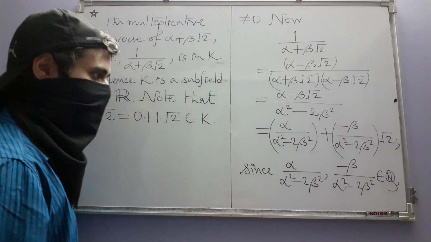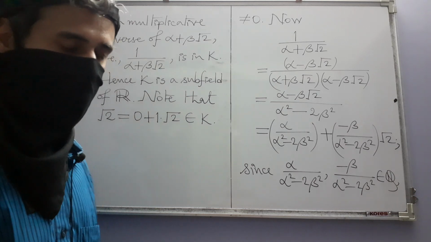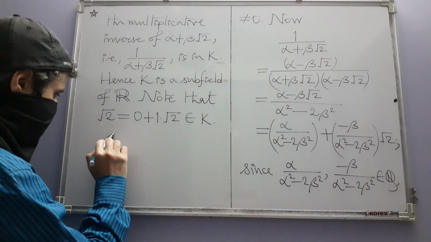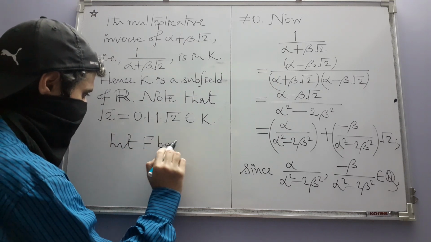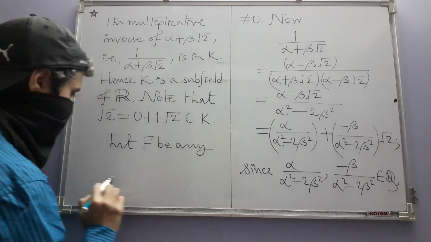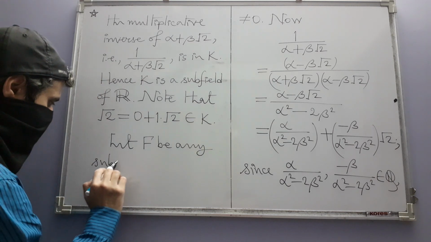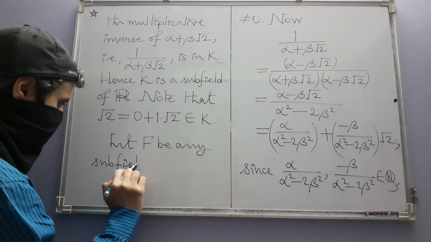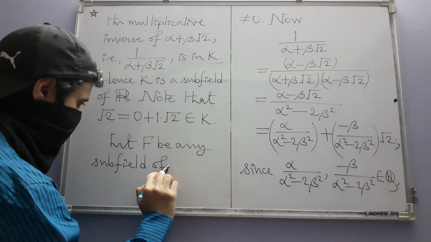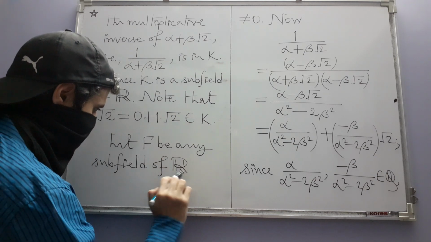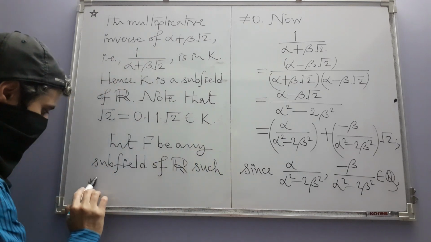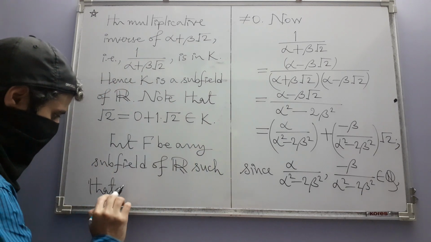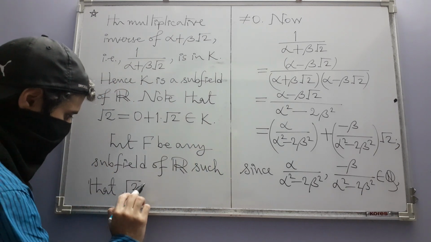Now we go for the smallest nature of K. Let F be any subfield of the field of real numbers such that F contains root 2.